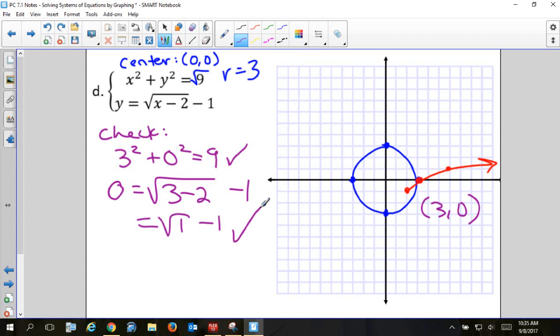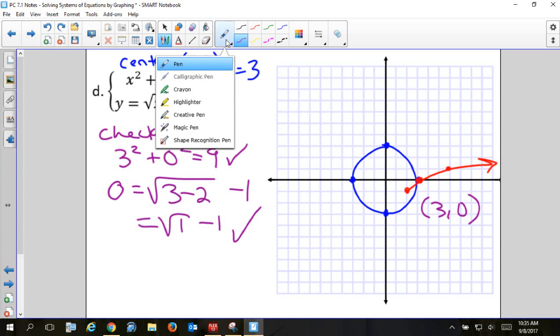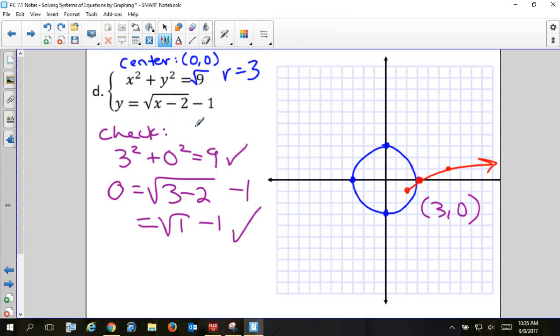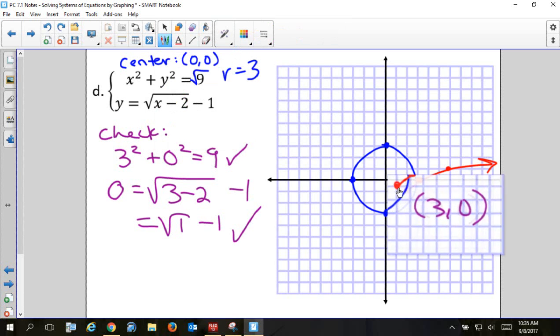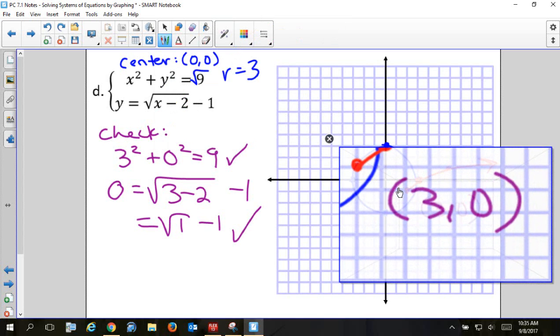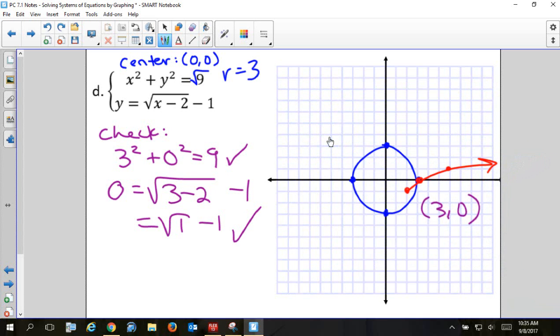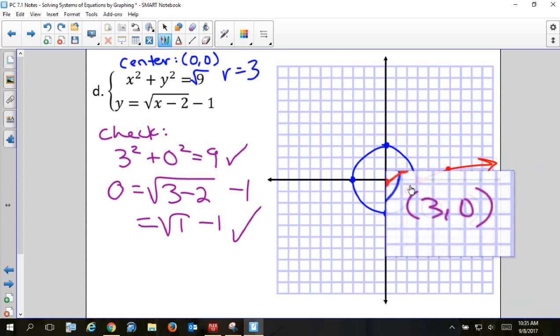I know. This is the third time I'm doing it. Magic pen this time? Okay. That's fine. What did it do? I'll do it again. Oh, look at that.